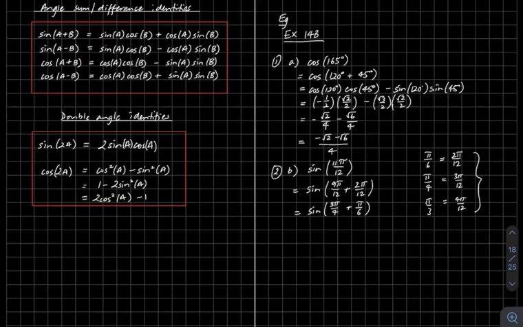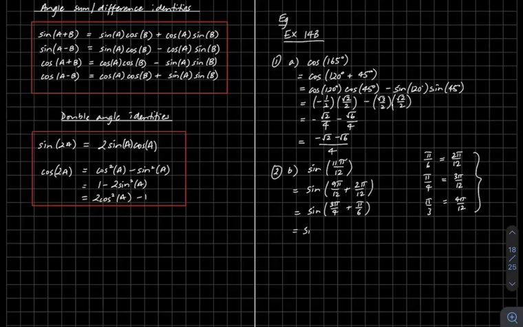Now, because I do know exact values for sine and cos of those angles there, I can now use this first angle sum identity here to rewrite my expression in terms of sine and cos.